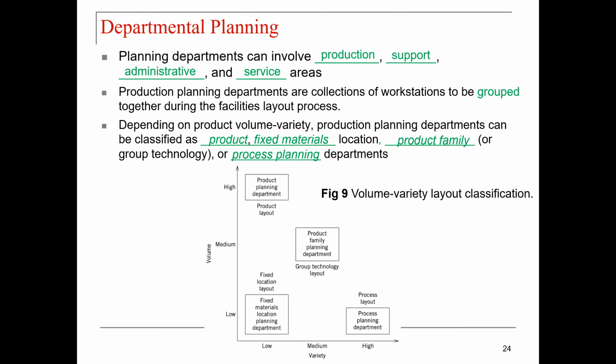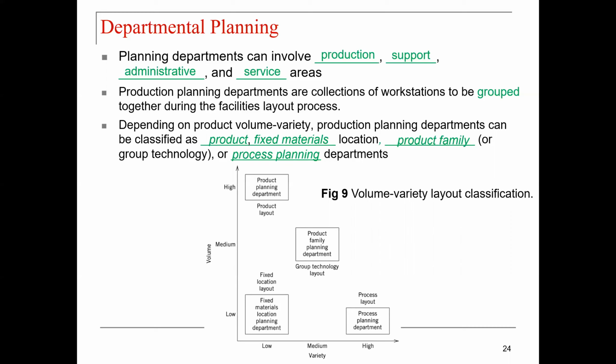So we have these three classifications, and figure 9 shows how or when to use one of these three production planning department strategies: product, fixed materials or product family, or process planning.